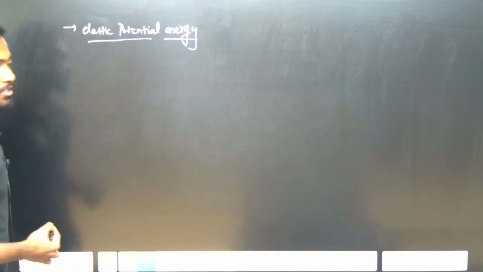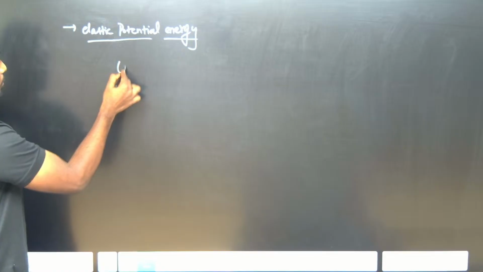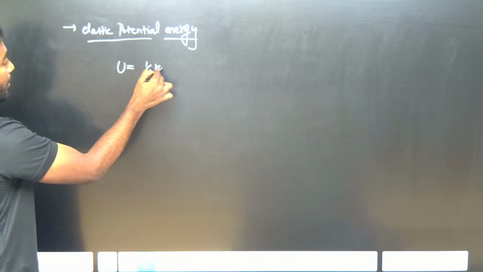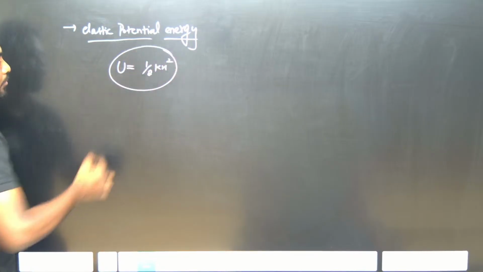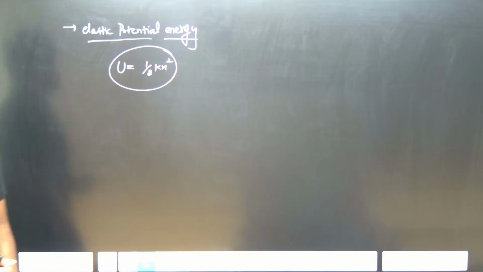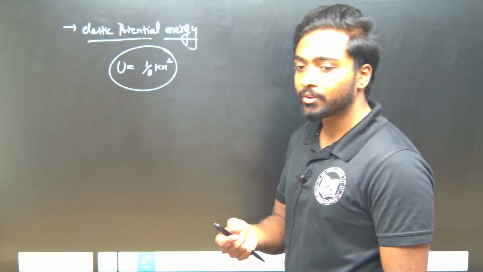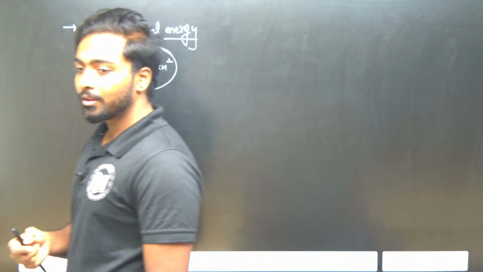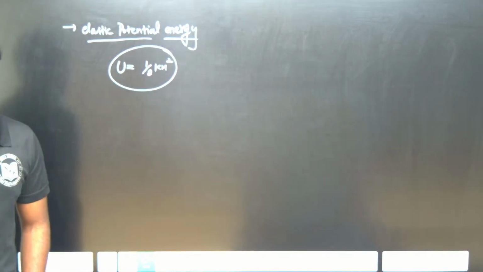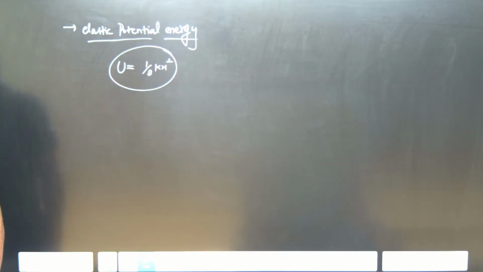The formula is U equals half k x square. Okay, and the next thing we are going to see is the relation between the conservative force and the potential.